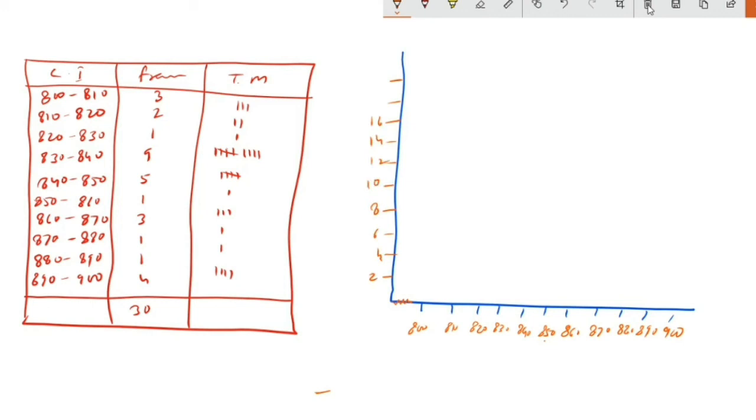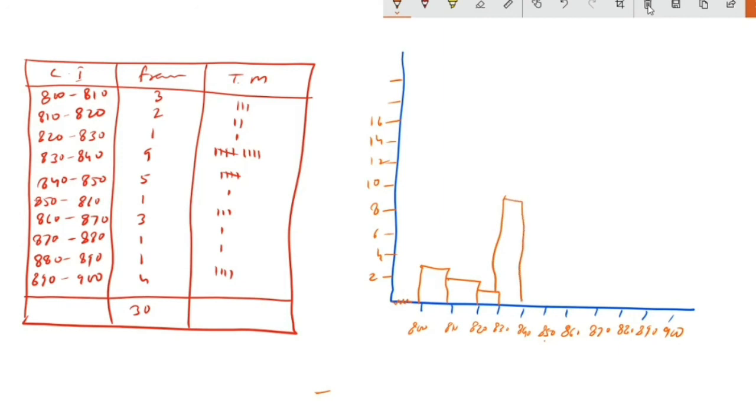Okay, start from 800 to 810. There are 3 workers. Next is 2, then 1, then 9, so 9 is just before 10.